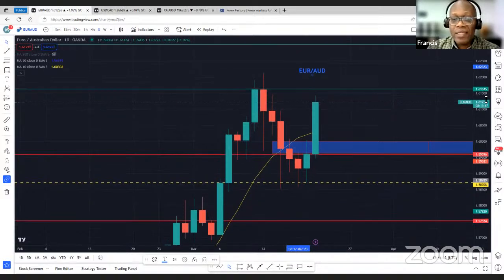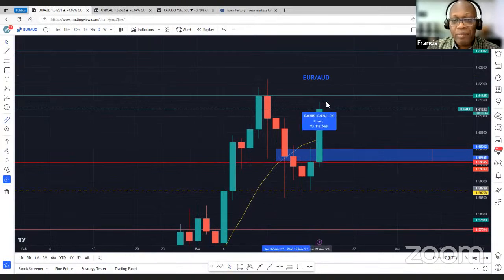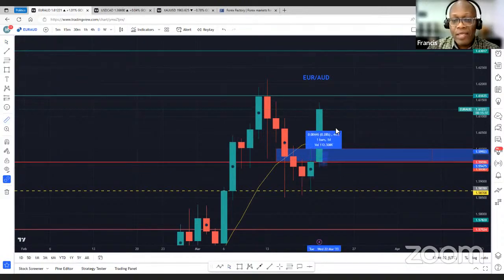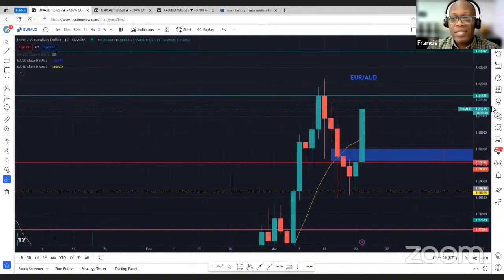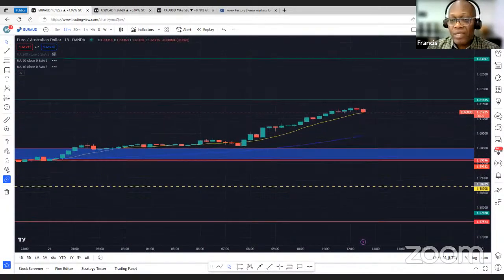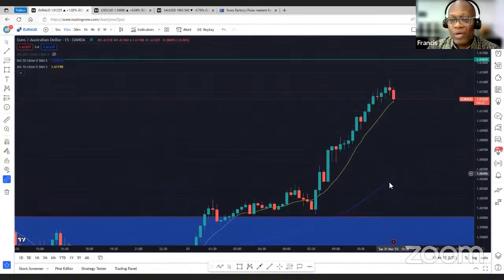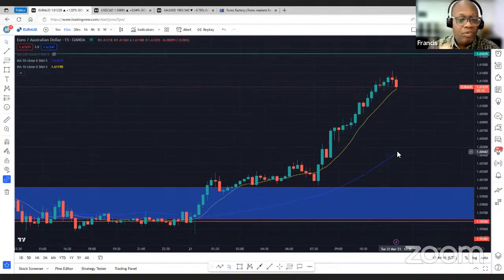It could be targeting the open on that day, which means it could possibly move another 40 pips today. That's not uncommon for Euro Aussie dollar to move as much as 220 pips in a day. So I would instead focus on the lower time frames for an entry, and decide what we do on the lower time frames. So this one is a no for me at the moment.